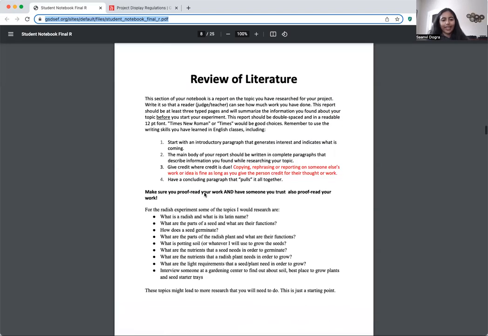Okay. So here is the review of literature, and this should be so far the longest part of the notebook that you have, at a minimum of 3 pages, double space of size 12 font. And the review of literature basically describes all the past research you did before conducting this project.